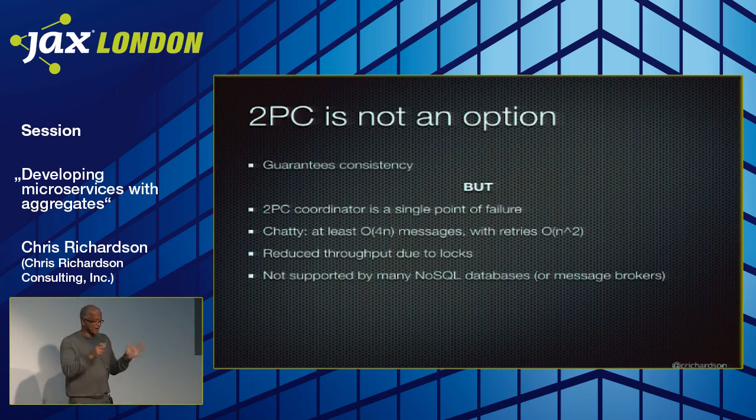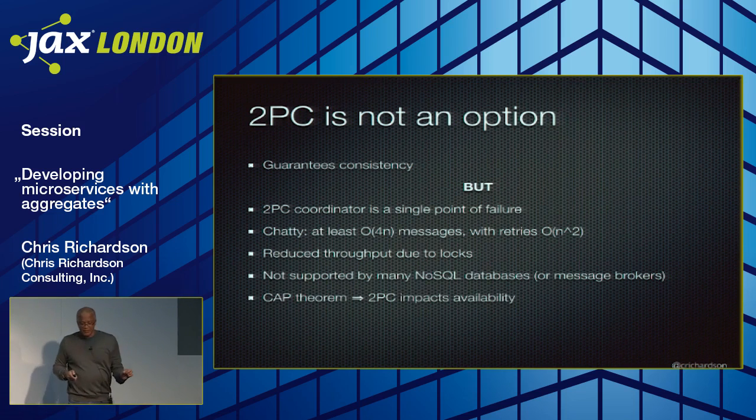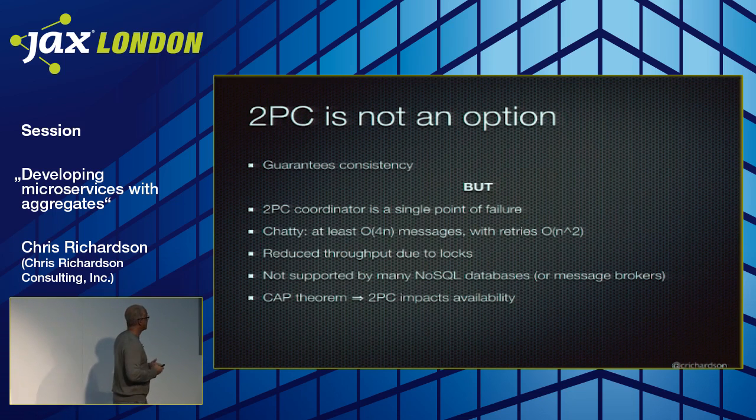From a very practical point of view, many modern technologies don't support two-phase commit. Most NoSQL databases and modern message brokers like Kafka don't support it. So even if you wanted to use it, you can't. And there's also the CAP theorem, which says that you have to choose between consistency and availability, and most people prefer availability. So you have to give up on consistency.